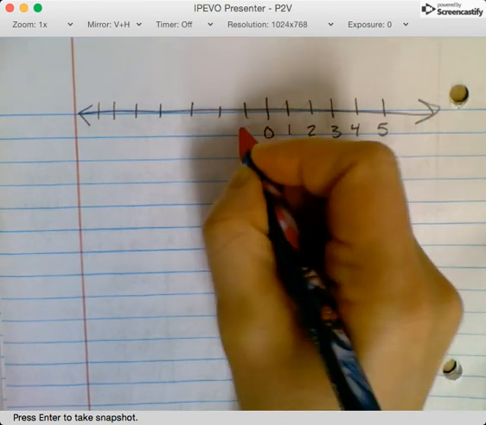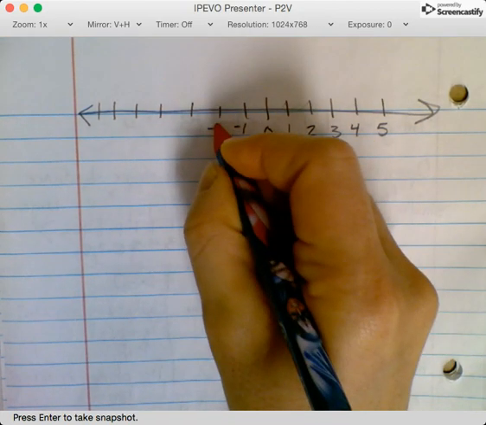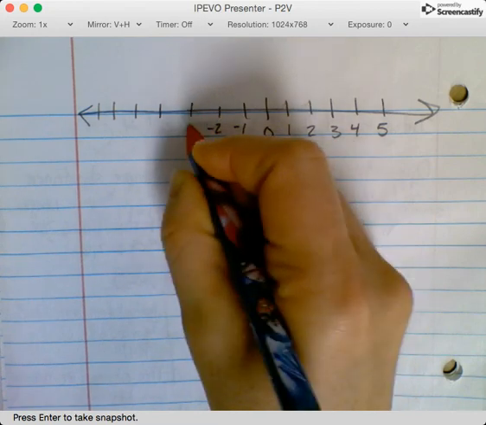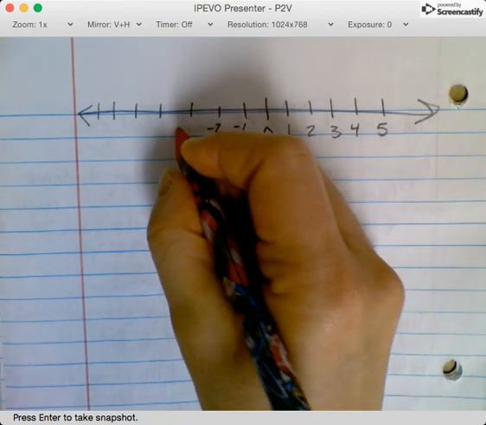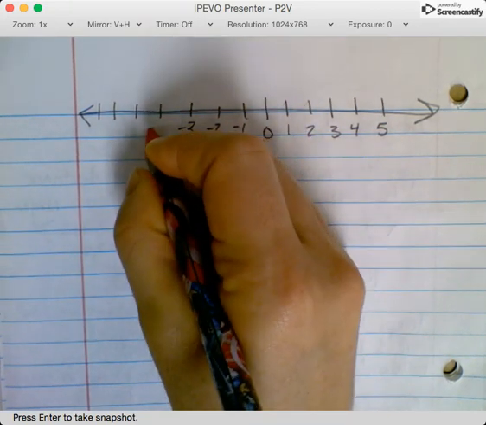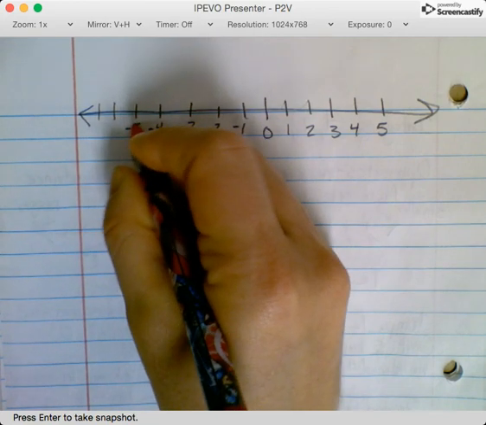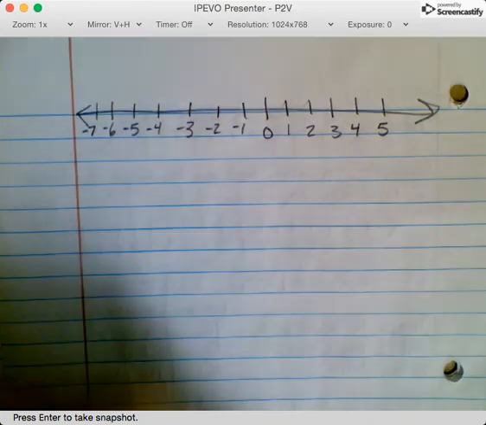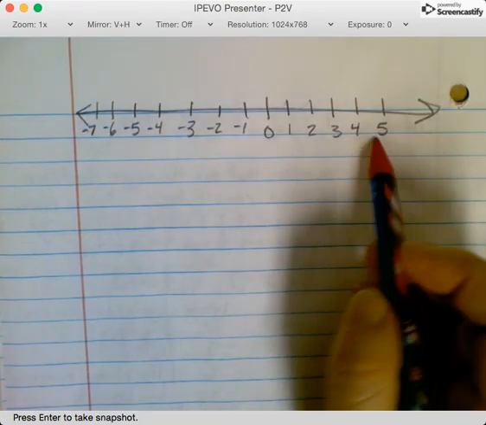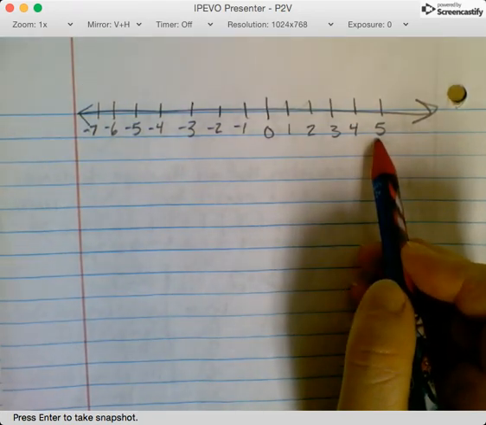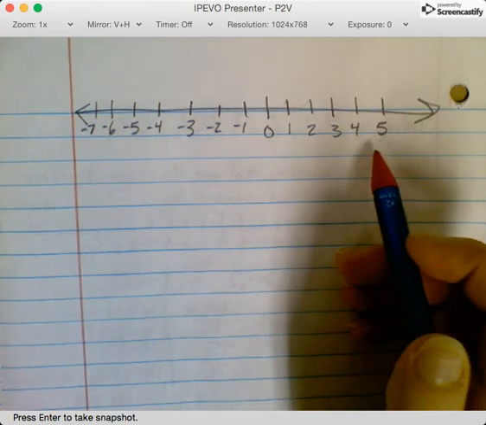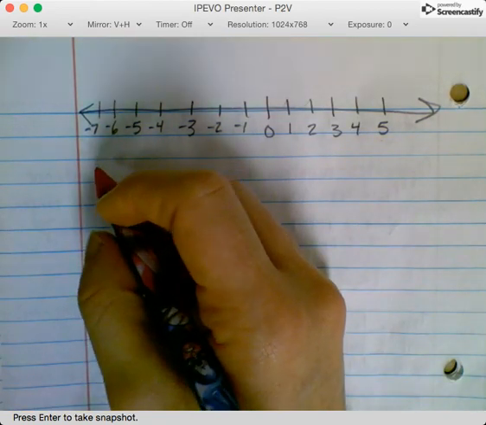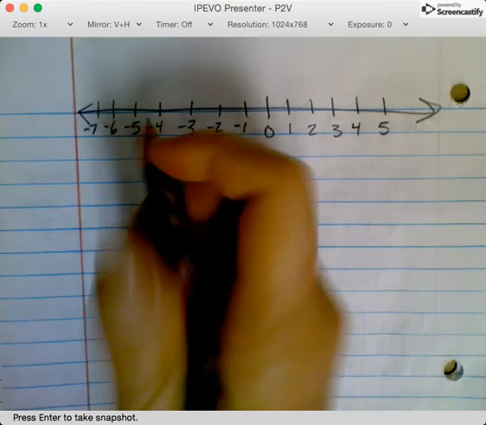So they would actually decrease going to the left. So they go backwards from the direction that you would normally think of with positive numbers. So just kind of a quick run through.